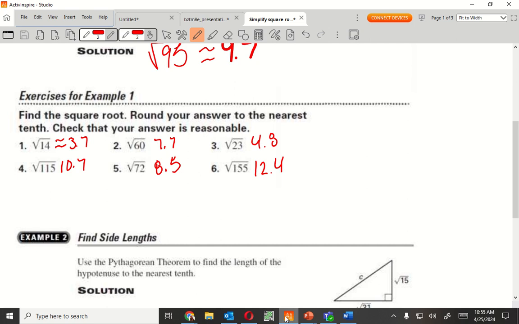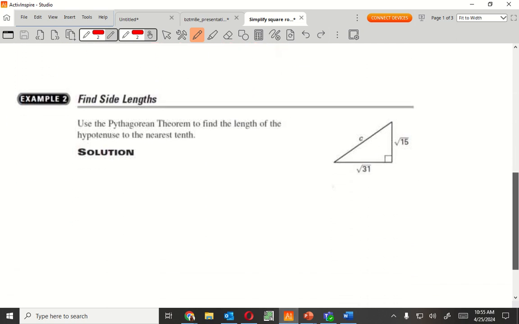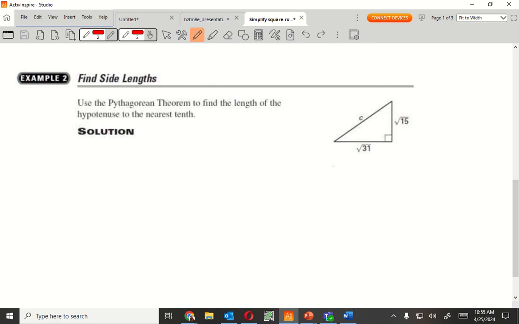Alright, so this whole thing is actually trying to get back to the trig type problems. So we're going to use the Pythagorean theorem, where we have an A, B, and a C. So my Pythagorean theorem is A squared plus B squared equals C squared.